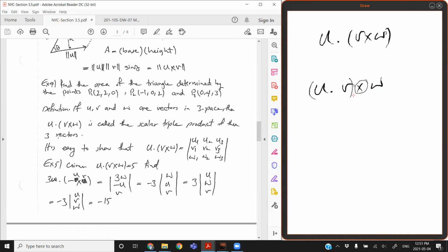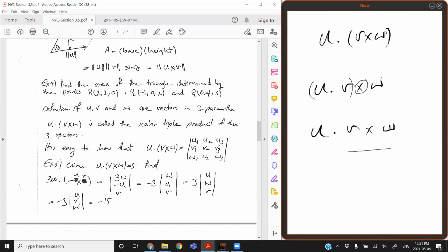So it wouldn't make sense. But just for clarity, we put brackets around the v and the w. Even if there are no brackets, if I just put u dot v cross w, it only makes sense to do this operation first. So this is called a scalar triple product.